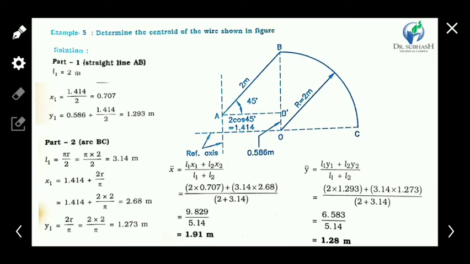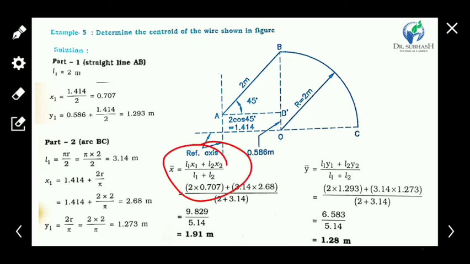Now another example. Here a quarter wire is considered. This is the last example for a wire composite element. Here one element is a straight line and another element is a quarter of a circle, so there are two elements.